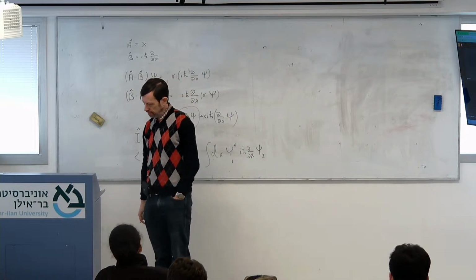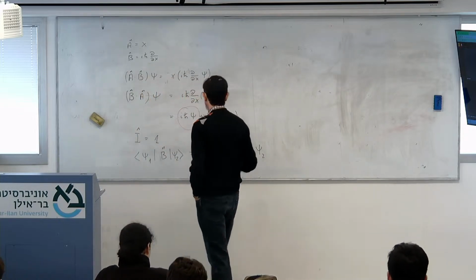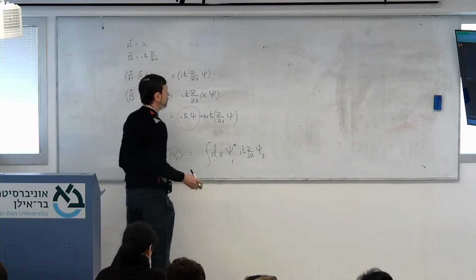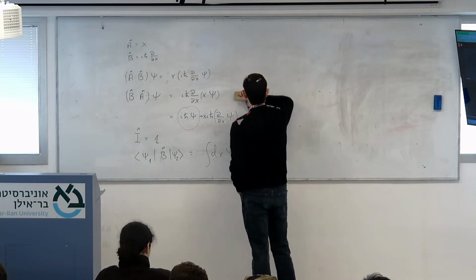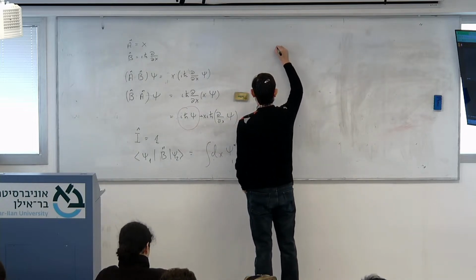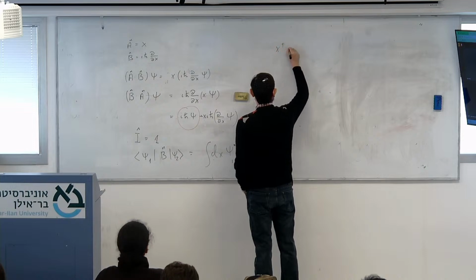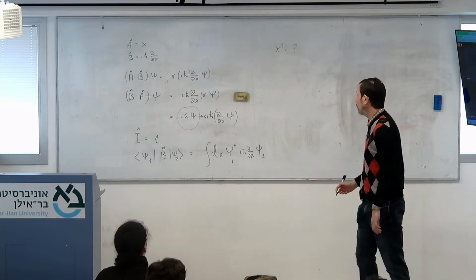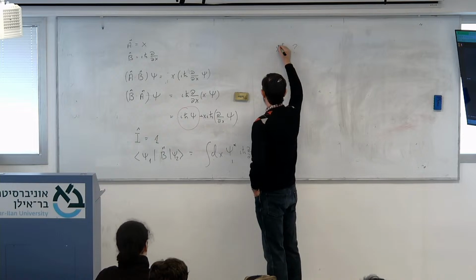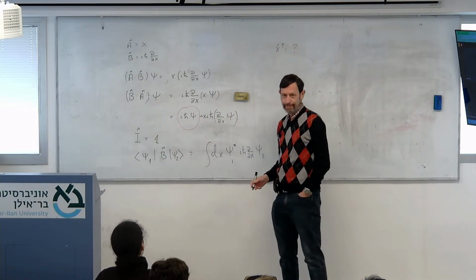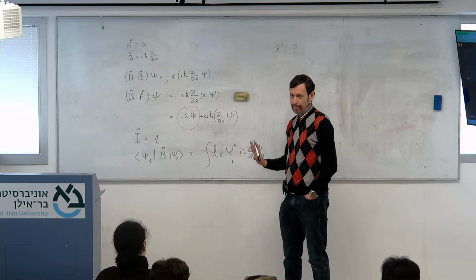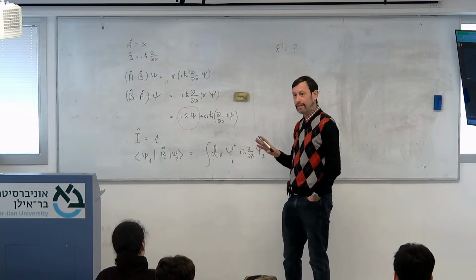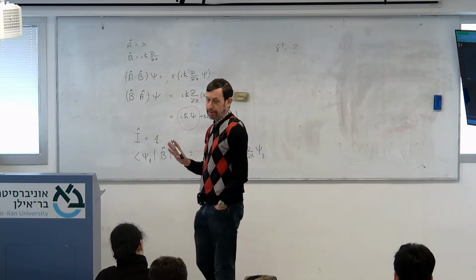Hermitian conjugate. Let's start with a specific example. What is the Hermitian conjugate of the operator x? X, because x is not complex.